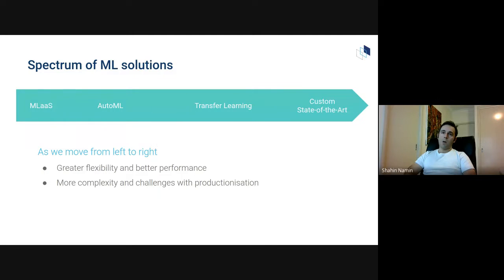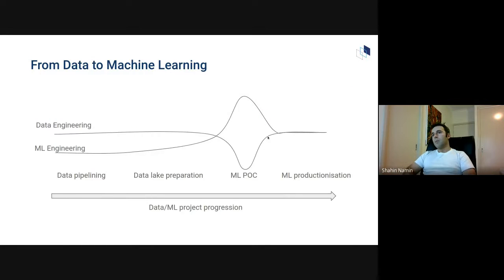And we expect to get better performance because we can use state-of-the-art models there. But the trade-off is that there are more complexities added, and more challenges when it comes to productionization as you move towards the right of the spectrum. So this talk addresses mostly productionizing the state-of-the-art and custom models and the challenges that we face there.